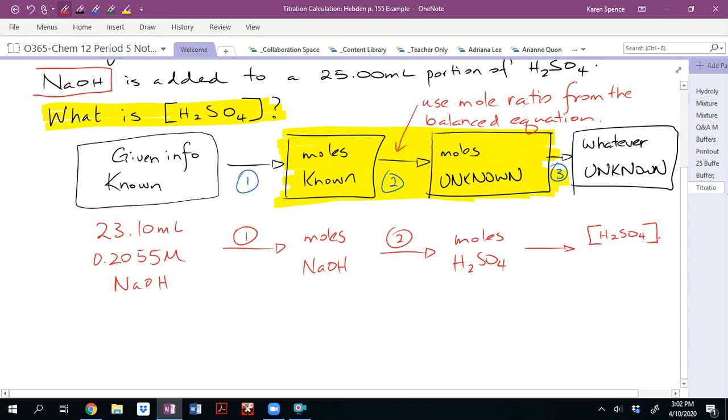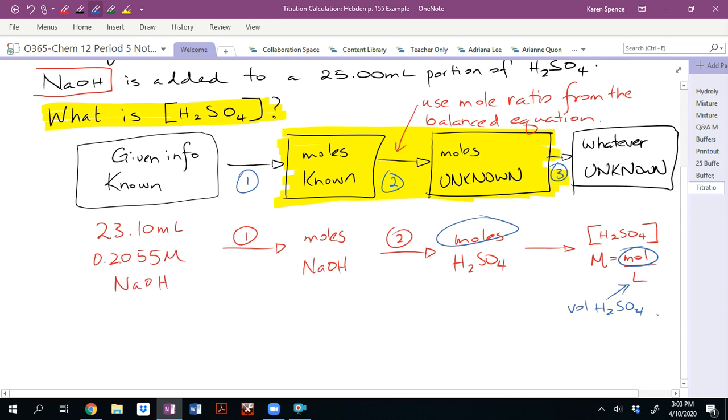And what is the unit of concentration? Pause the video and answer that for yourself. The unit of concentration is molarity, which is moles per liter, which is kind of nice because that means we can take our moles of H2SO4 and then we'll divide it by whatever our volume of H2SO4 is there.